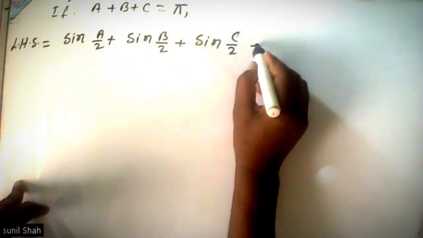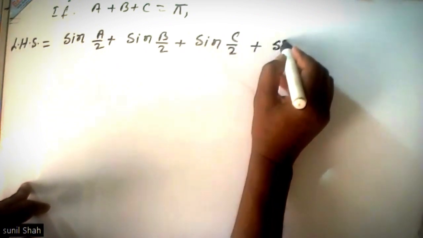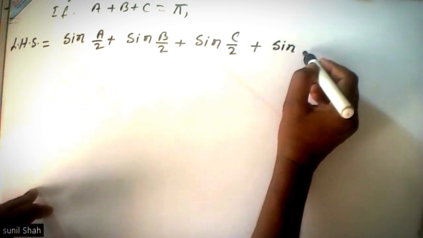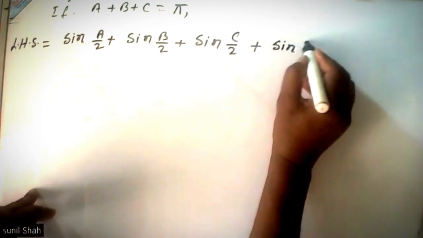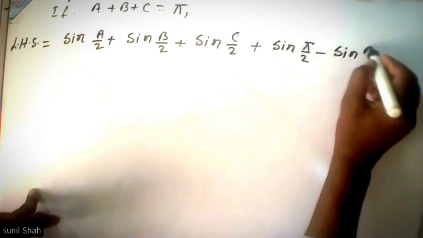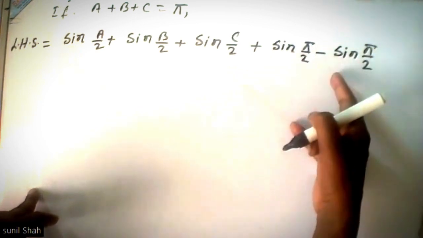And we add and subtract 1. So put sin pi by 2 and then subtract sin pi by 2. So this is sin pi by 2 plus sin pi by 2 minus sin pi by 2 becomes 0.